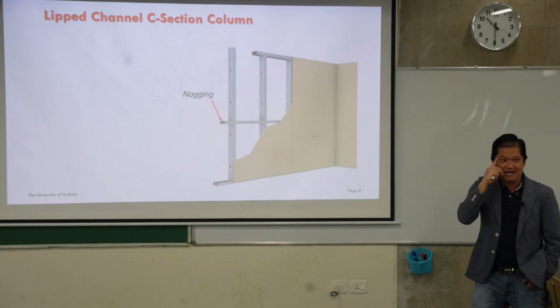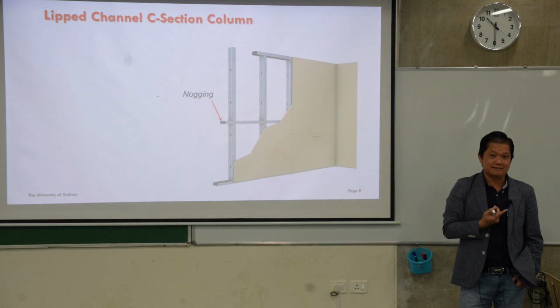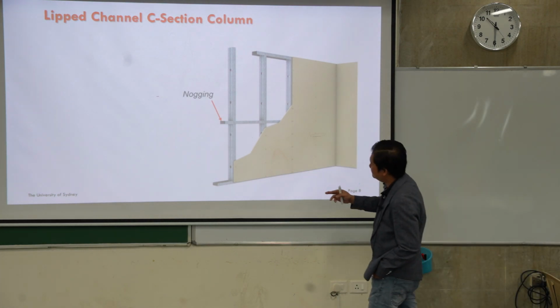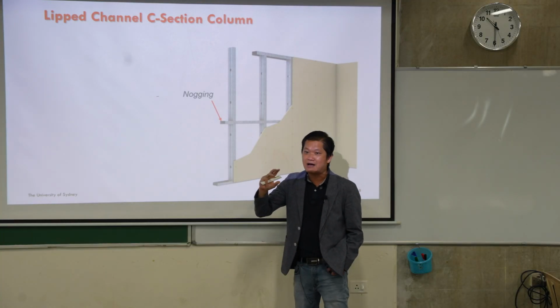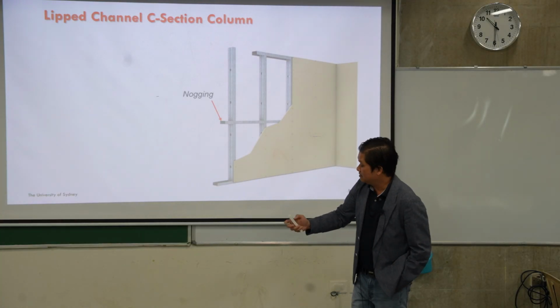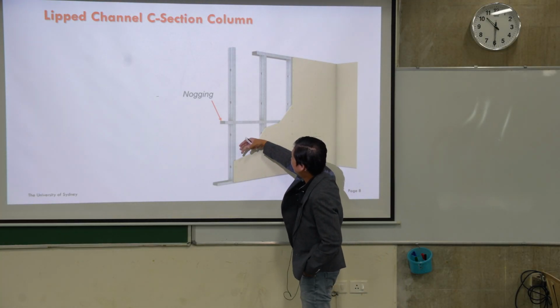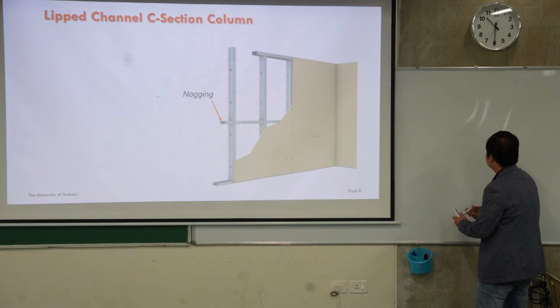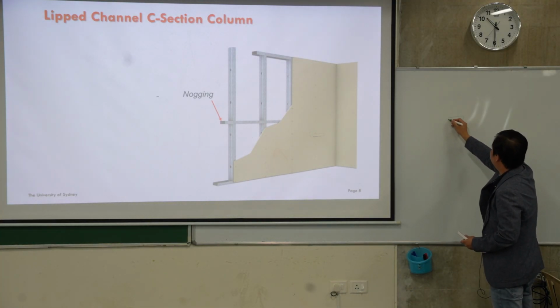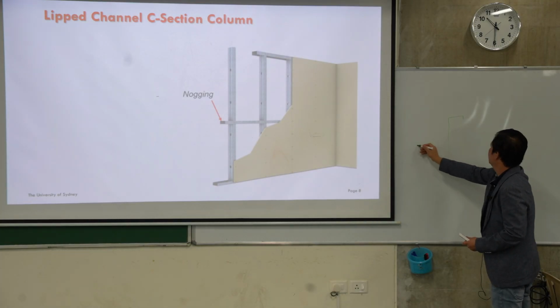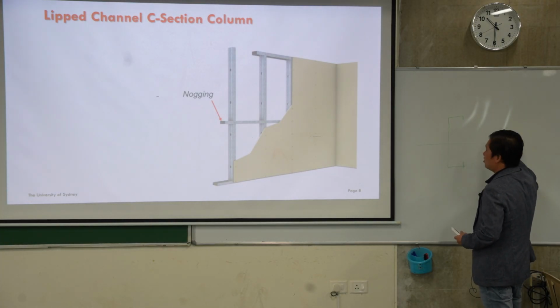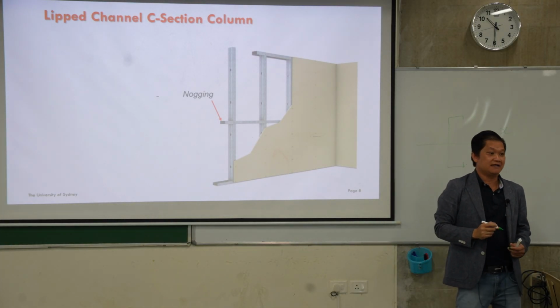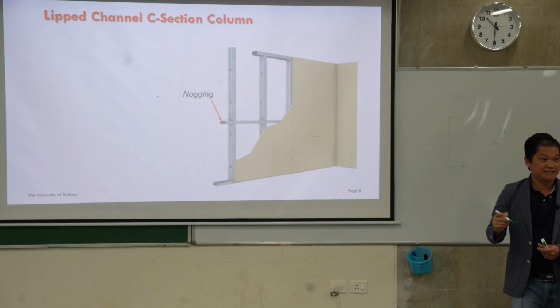So firstly, imagine the coordinate axis. The x-axis is the major axis, the axis about which it bends. So if we see the section, this is normally denoted as the major axis, right?